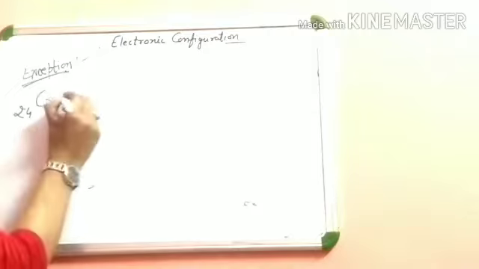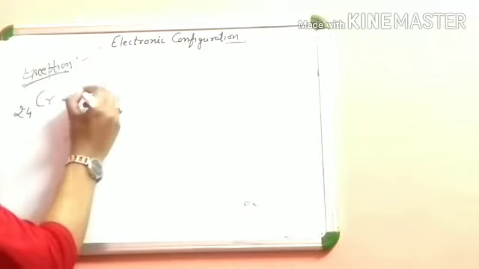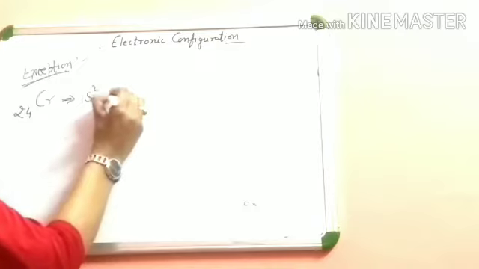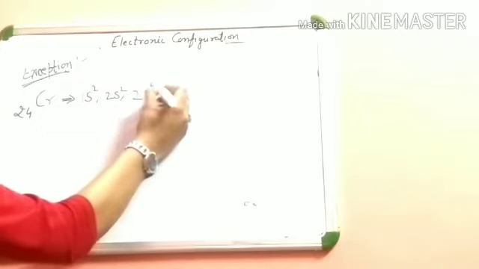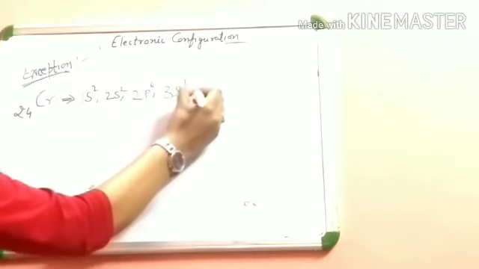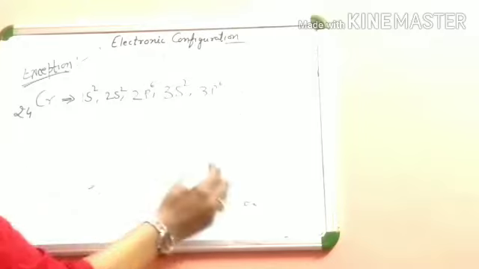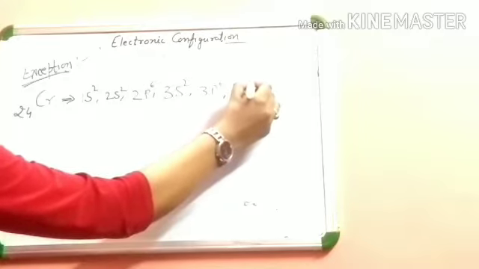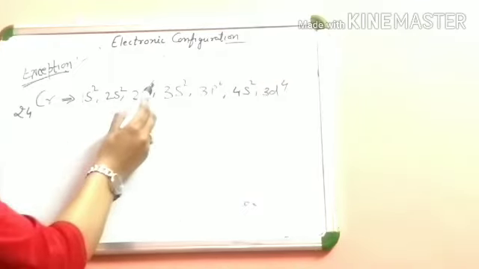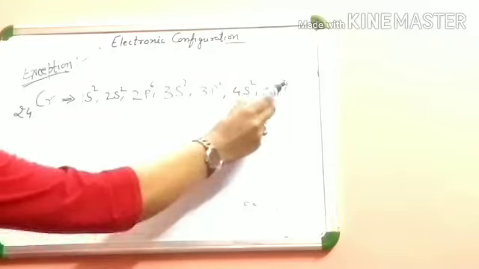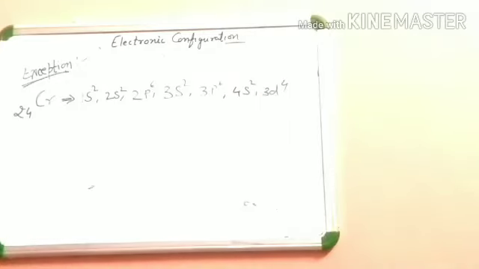Normally, with the help of Aufbau's rule and without the exception, how can we write the electronic configuration? 1s2, 2s2, 2p6, 3s2, 3p6, then 4s2, then 3d4. You can count: 2, 4, 6, 10, 12, 18, 20, plus 4 is 24. So the last electrons are in 3d4.